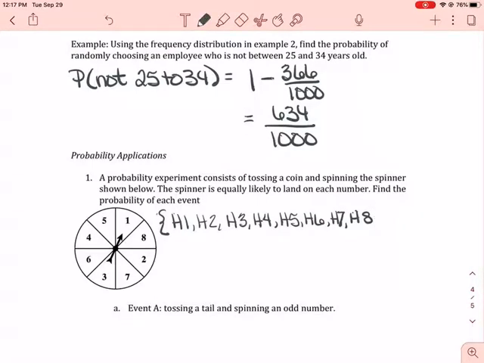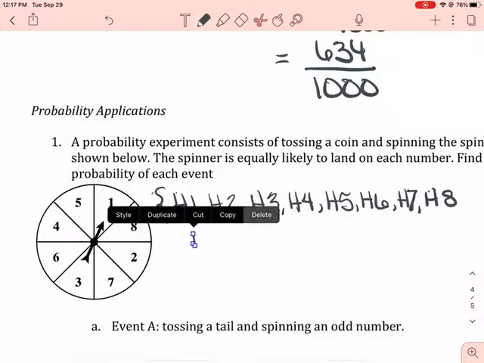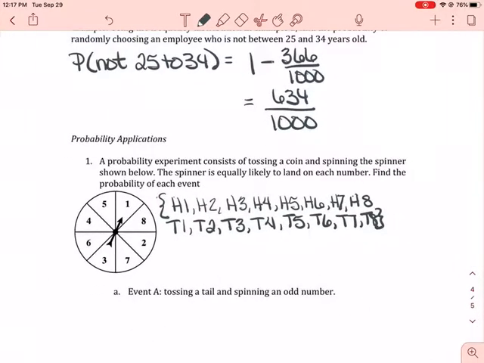Is that it? All the way up through 8? Yep. Oh, not done. We just did heads. We have to do tails. There we go. There's our sample space.